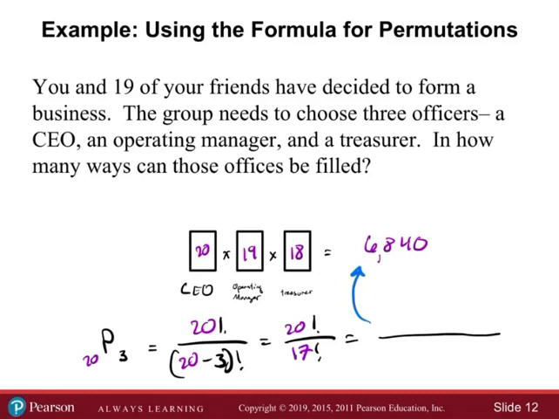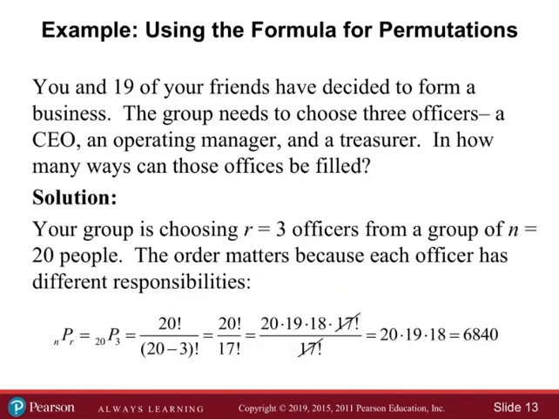Let me see. 20, 19, 18, 17 factorial over 17 factorial. Again, these cancel. Then we get this. So again, I totally forgot to count myself. Okay, 6840 is fine.